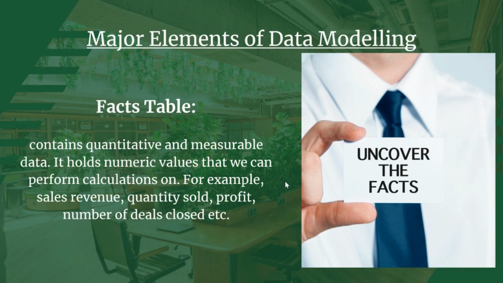For example, sales revenue, profit, quantity sold, number of deals closed, etc. Fact tables are most often the center of a data model. They provide the metrics for the analysis. This is where we get insights into the major KPIs like total orders made, total revenue, total profit, total deals closed, things like that. This information is usually contained in the facts table.